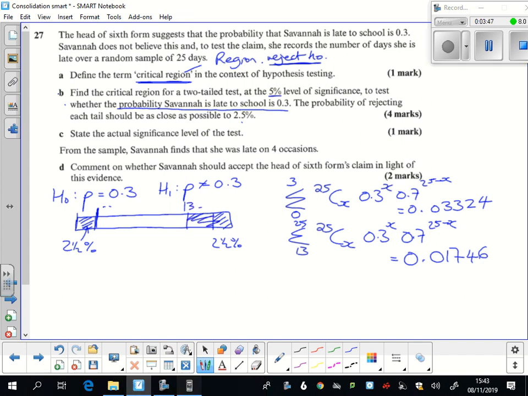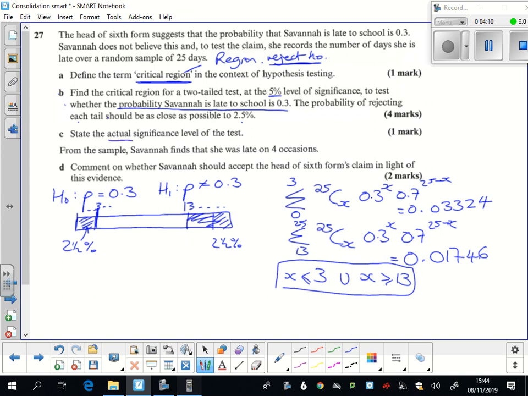If it's 13 or more, then we're going to say it's in the critical region, or if it's 3 or less. So what is the critical region? This is when x is less than or equal to 3, unioned with x is greater than or equal to 13. That's my answer to the question here.